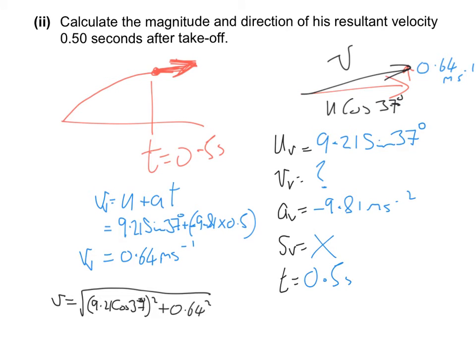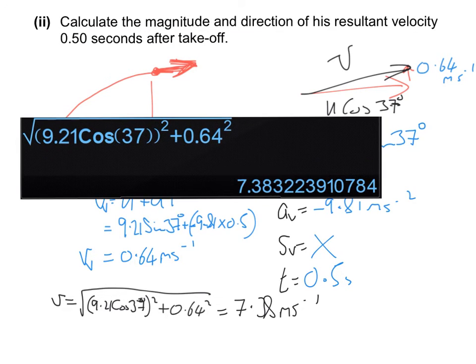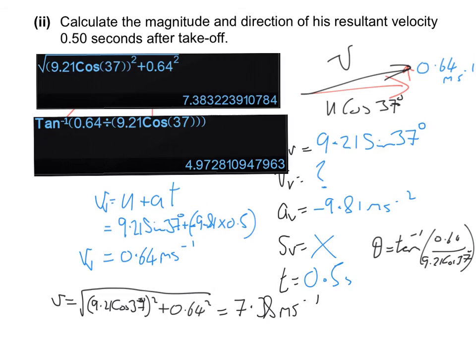So v is going to be the root of (9.21 cos 37) squared added to 0.64 squared, and I'm making that about 7.38 meters per second. And the angle is going to come from taking the inverse tan of 0.64 over u cos theta. So theta is going to be tan to the minus 1 of 0.64 over 9.21 cos 37.